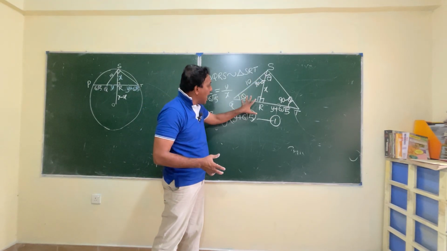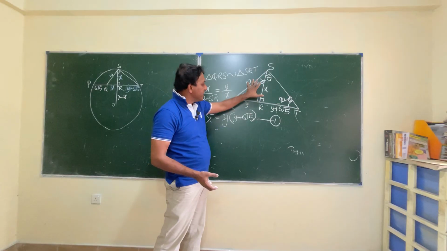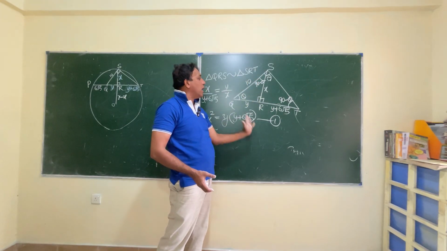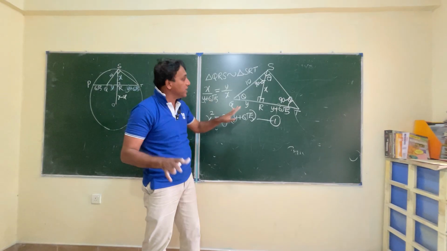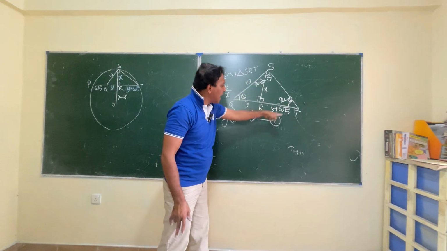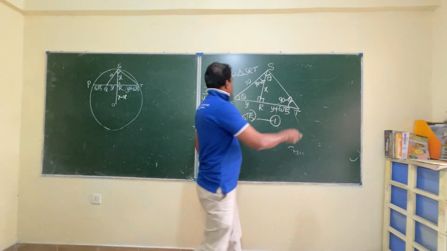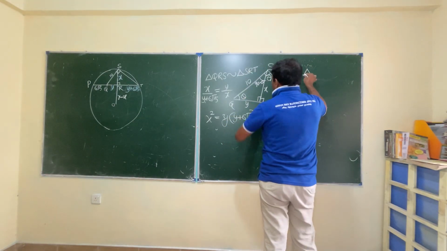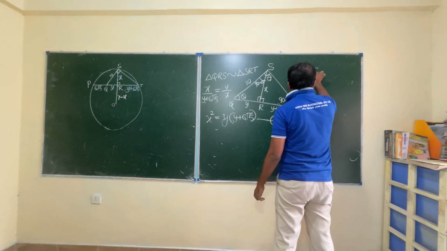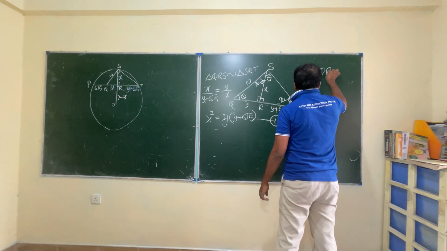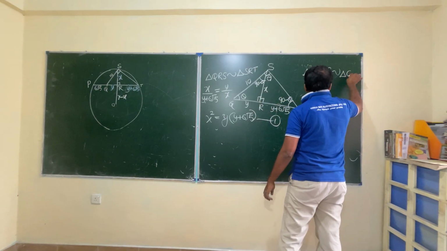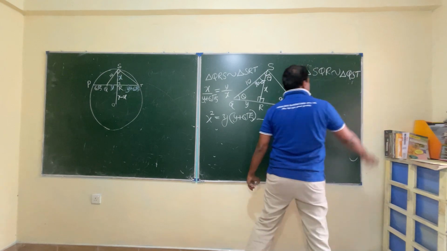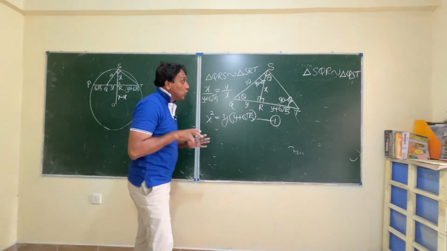Take one small triangle and the big one. Equiangular triangles, is it? Take the small triangle and the largest triangle: triangle SQR and the big one, triangle QST. Both are equiangular.